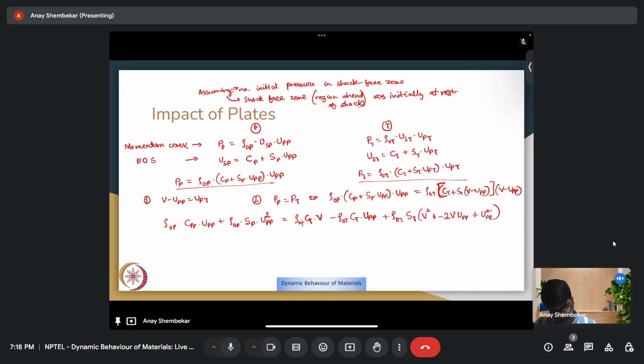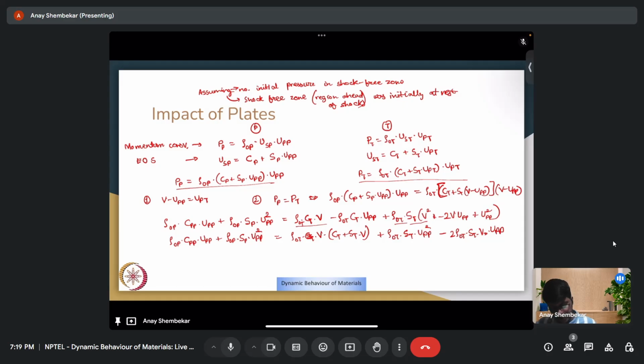So it's basically a quadratic equation in UP projectile. Taking the constant terms out, we have rho naught T CT V plus rho naught T ST V square on one side, and rho naught T ST UPP square minus 2 rho naught T ST V into UPP on the other.